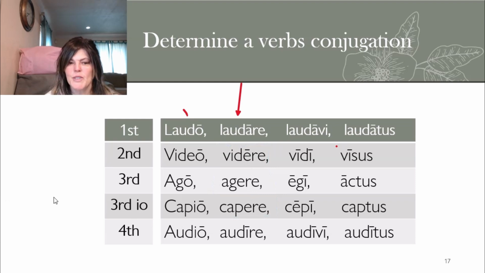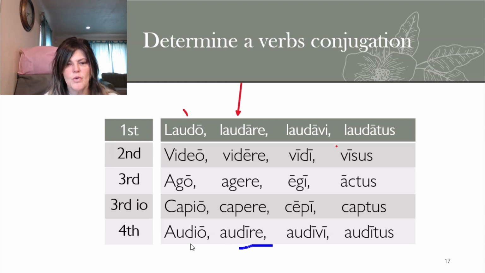Now the difference between third and third IO is a little more complicated. So okay, yes, it's a third, but is it regular third or third IO? For that you have to look to the first principal part and see if there's an I in front of the final O. Then that makes it a third IO. And then the fourth conjugation is a long IRE.